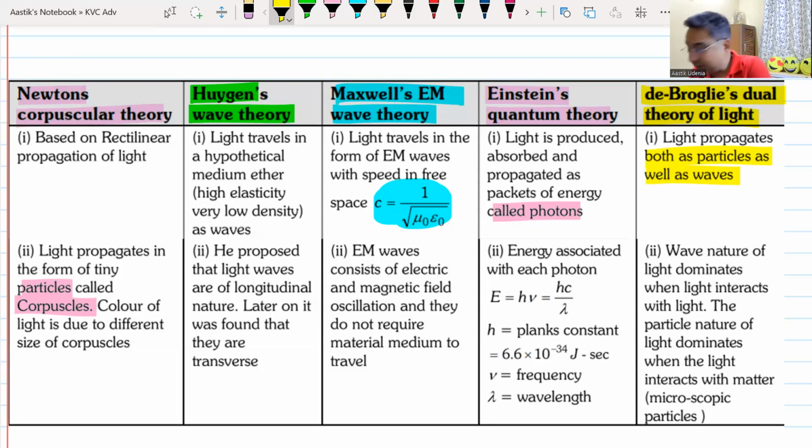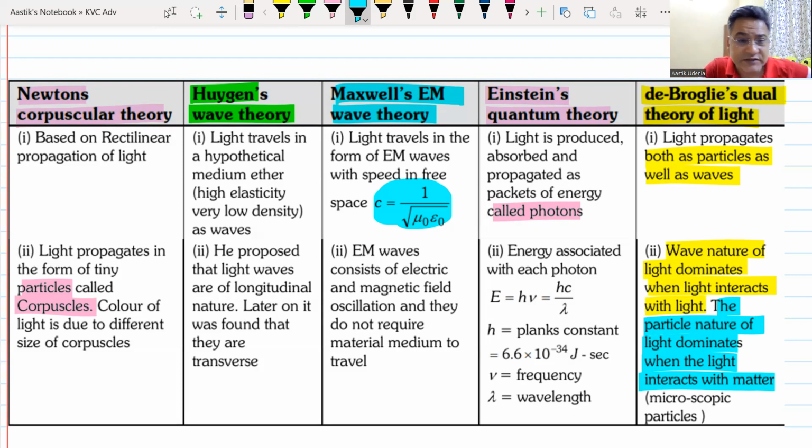It can behave as a wave or a particle. Wave nature of light dominates when light interacts with light. The particle nature dominates when light interacts with matter. That's a very important aspect that de Broglie gave us. So these are the 5 theories. You can note them down fast.